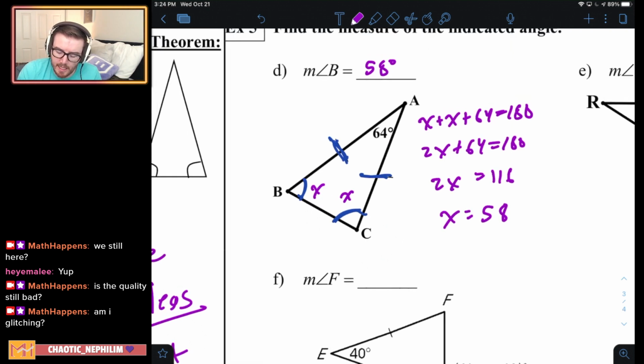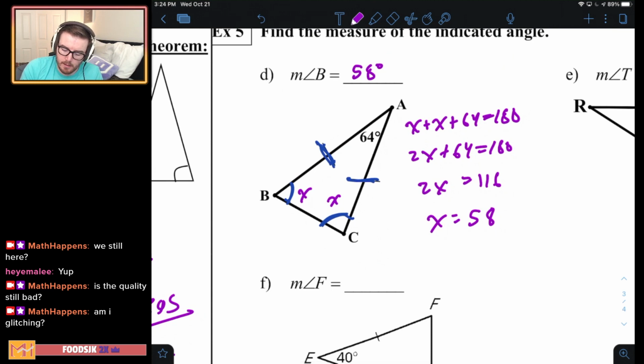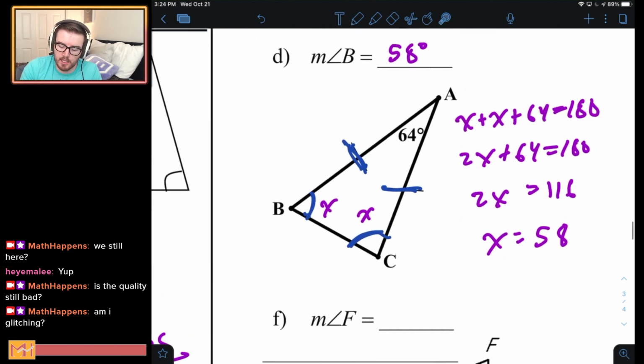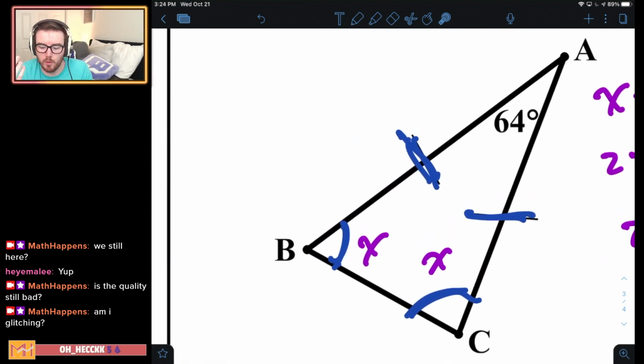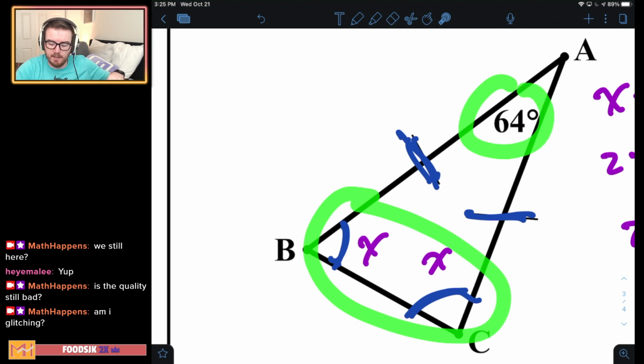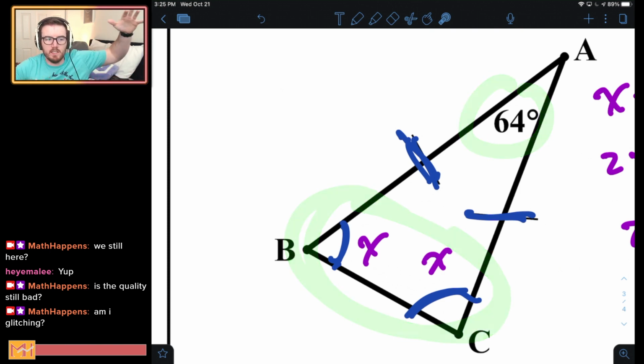Another way to look at that, maybe you don't like looking at it in terms of an equation, but just think about it from a logical perspective. If those two angles are the same, what are we saying? There's 180 degrees in the whole thing. Take away 64, and the remaining angles add up to 116.